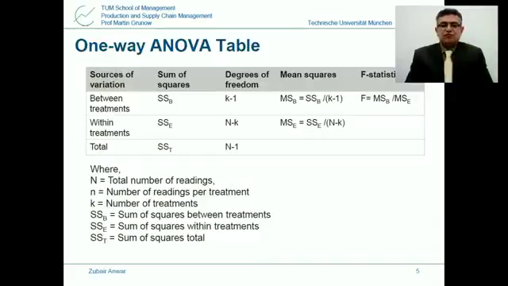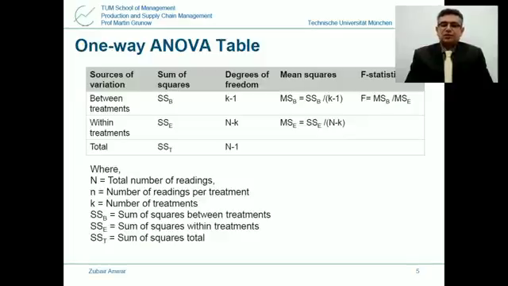Here you see the one-way ANOVA table. In the first column on the left-hand side, you see the sources of variation, which are between the treatments, within the treatments, and the total. The sums of squares are denoted by SSB between treatments, SSE within treatments, and SST for the total. The degrees of freedom are k-1 for between treatments, n-k for within treatments, and n-1 for the total.